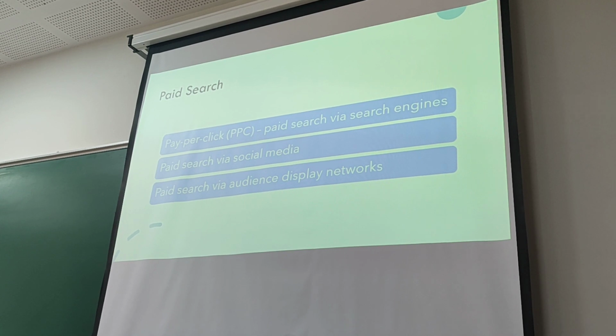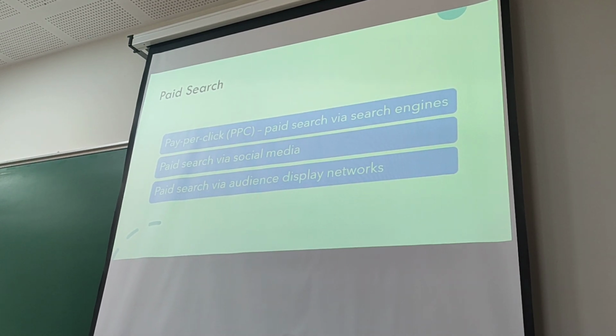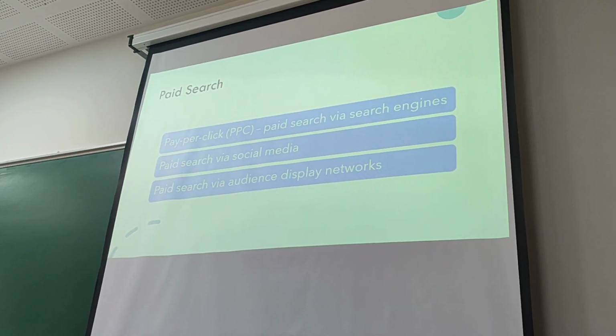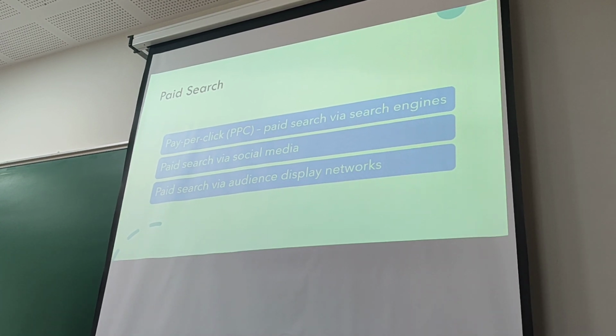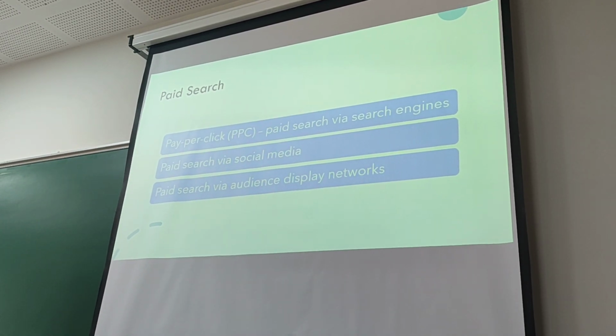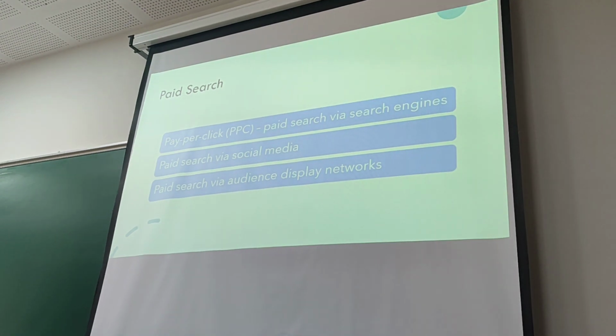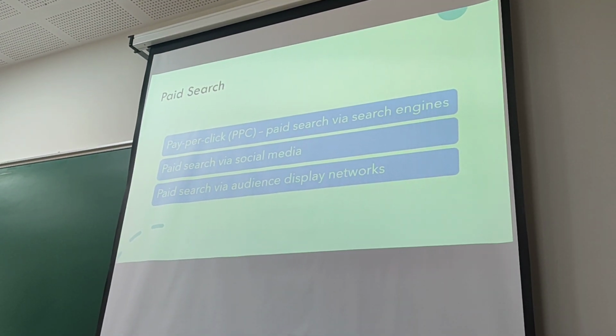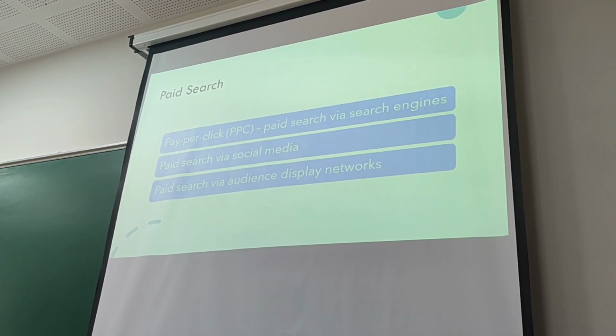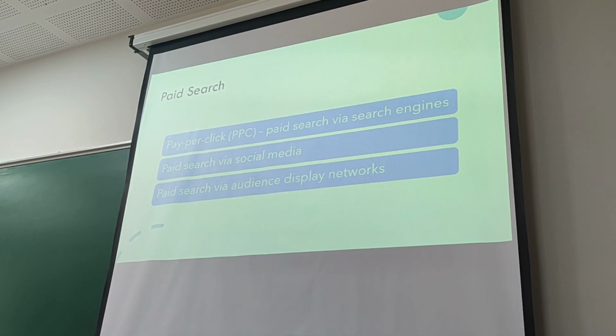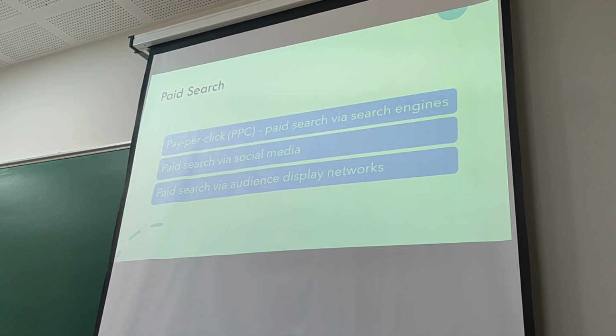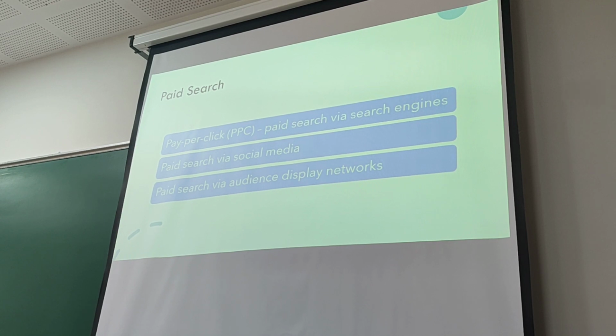So there's a few different elements to paid search. There's pay-per-click, which is what we saw in the search results pages, paid search by search engines. There's also paid search via social media and paid search via audience display networks as well. So we'll go into these three things today.